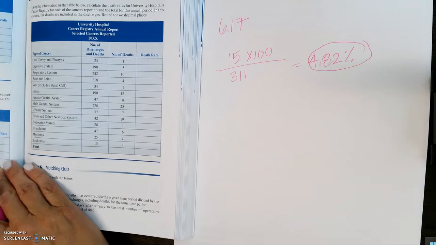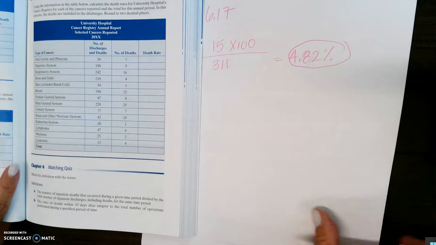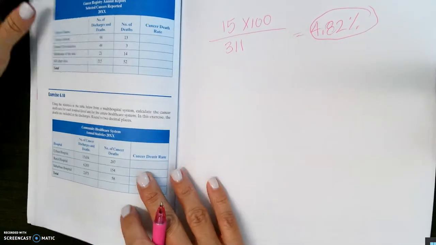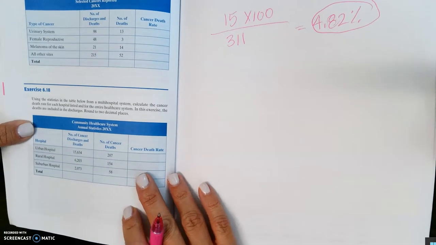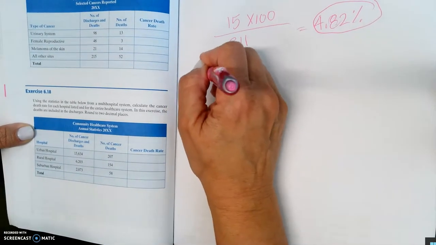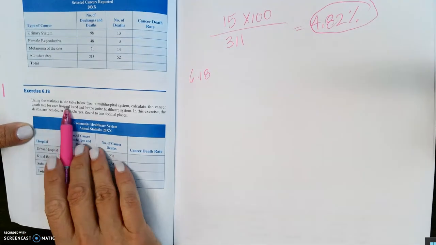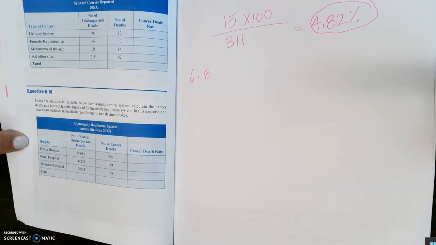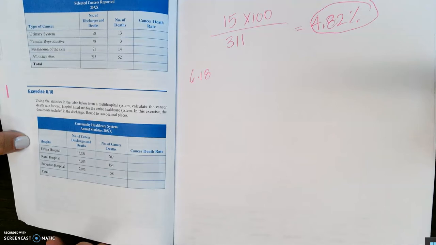So we are going to scoot on over to 6.18, where you would not have that in the back of the book. Take a look at that one. 6.18 says, using the statistics in the table below from a multi-hospital system, calculate the cancer death rate for each hospital listed and then for the entire system.